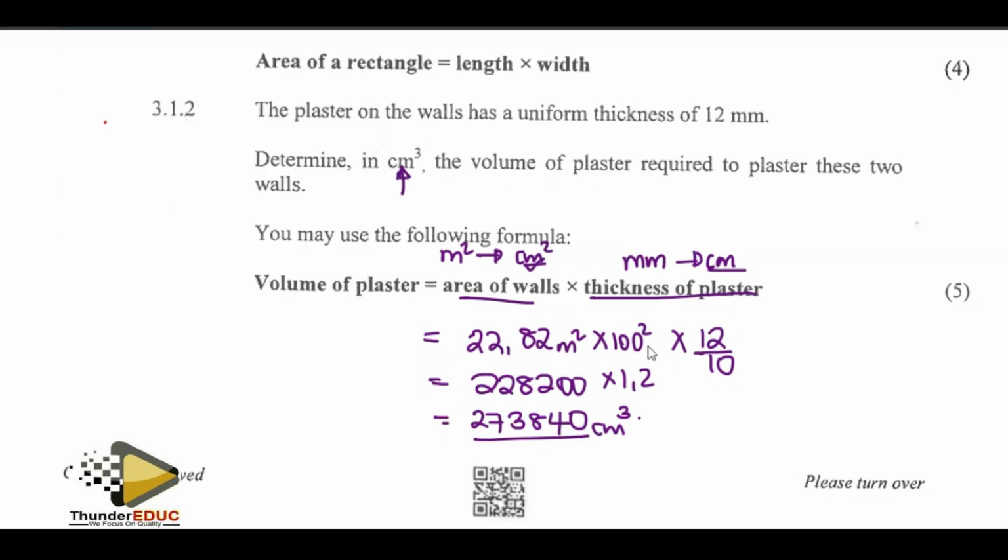Or if you don't know what to do here, you remember we said, area of wall 1, change the length into, sorry, change the measurements or the dimensions into centimeters. So at first, wall 1, we said it was 3,5 meters. Change this to centimeters. Let's change 3,5 times 100.